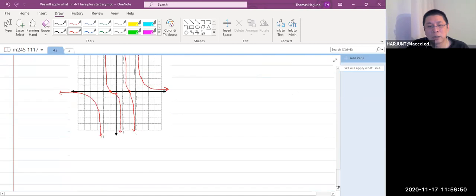Now, last part. Slant asymptote, also known as oblique asymptote.